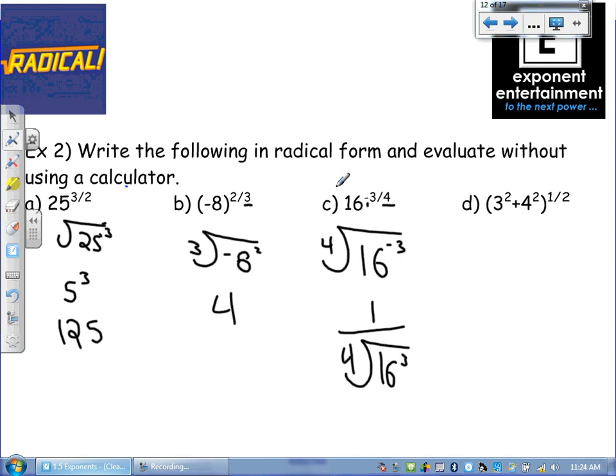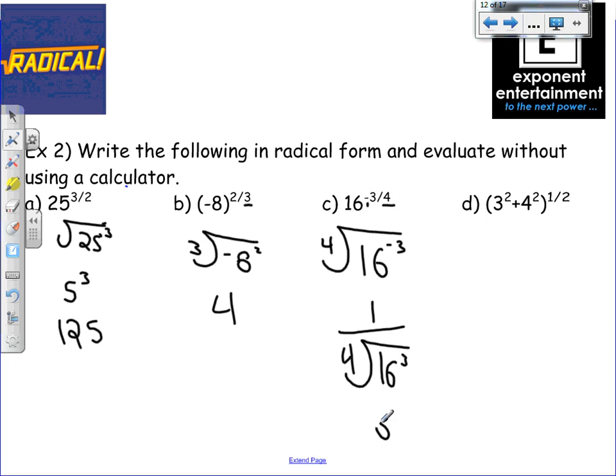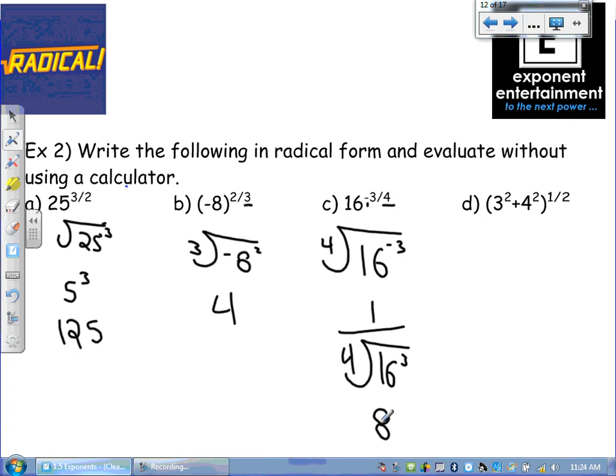The last one, we need to use BEDMAS a little bit. What we have to do is what's inside the brackets first. 3 squared is 9. 4 squared is 16. That's all to the power 1/2.